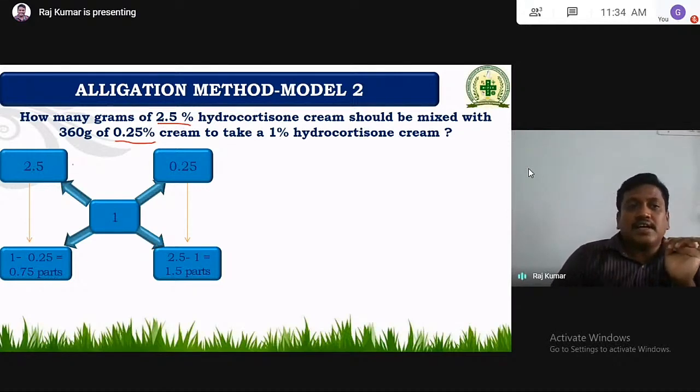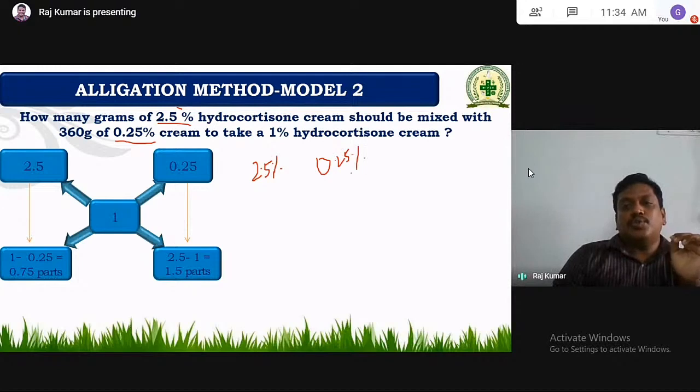If you compare these two, which is higher? 2.5 is the strongest. Simply you can take 2.5 as the stronger concentration.